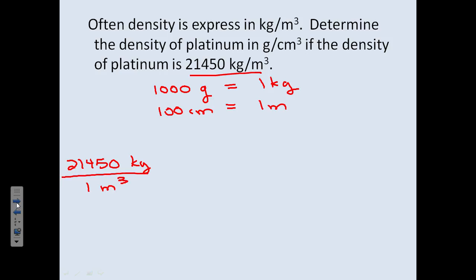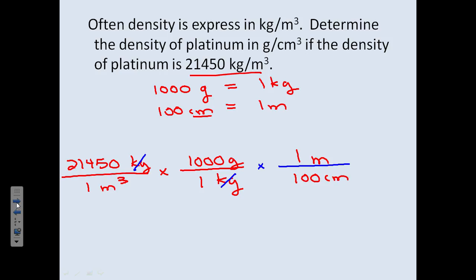Notice I've made a horizontal line instead of the slant. Then let's deal with kilograms first. 1 kilogram has 1,000 grams in it. So my units cancel. I'm left with grams per cubic meter. My next conversion is using the 100, and I want centimeters in the denominator, so 100 centimeters with 1 meter on top, but it needs to be cubed. So I need to cube the 100.